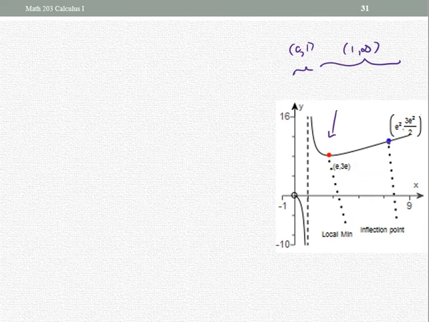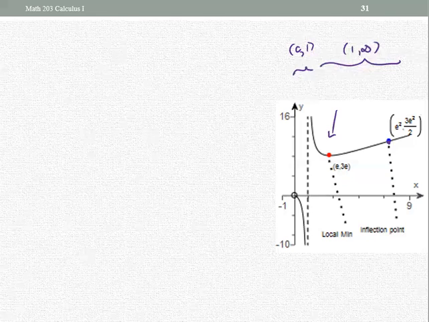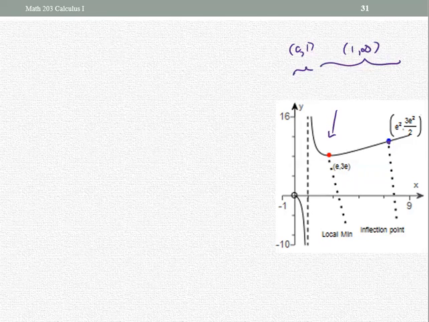That means the sign of the second derivative changes from concave up to concave down. And for the other portion of the graph between 0 and 1, the graph is concave down. But the sign doesn't change at 1, and also 1 is not included in the domain.